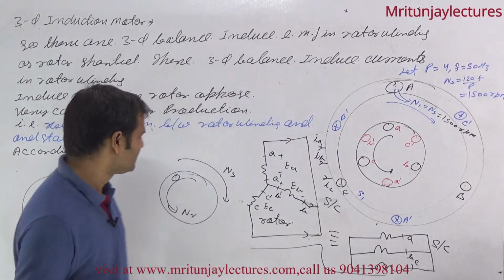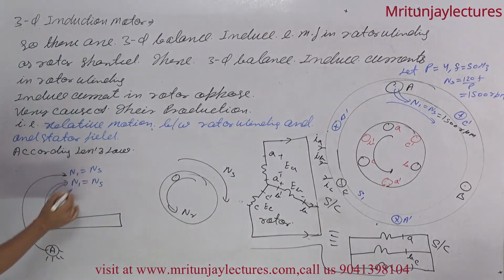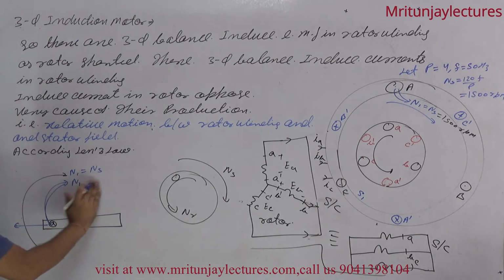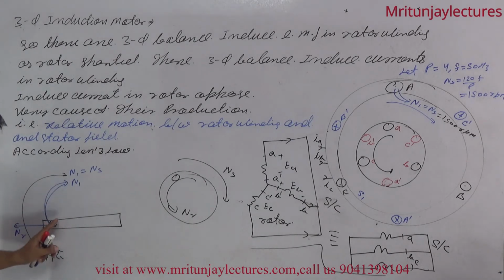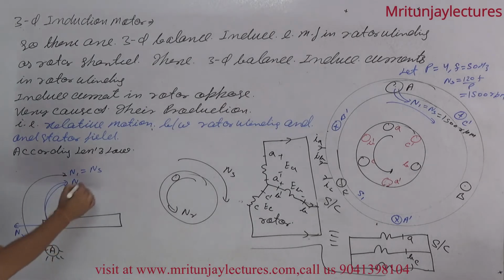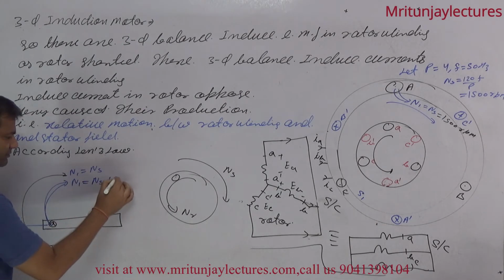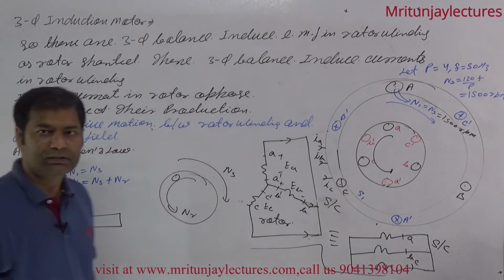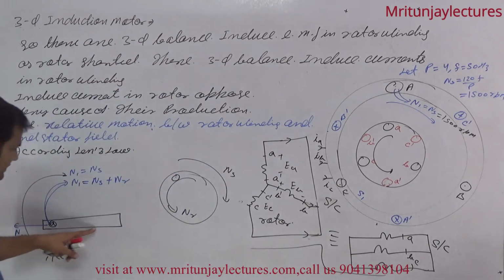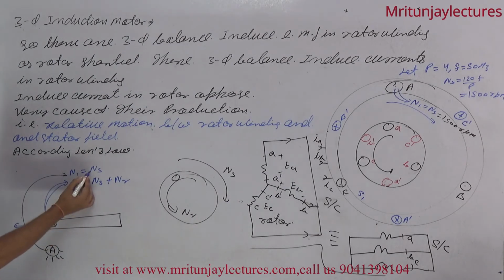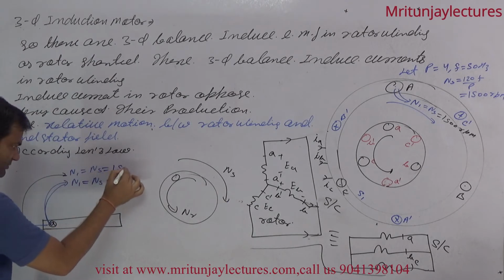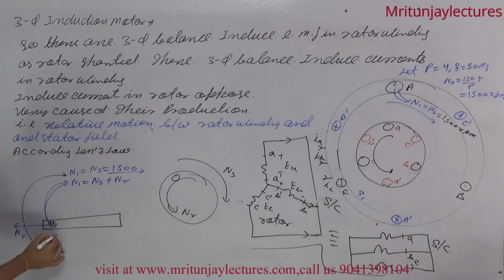If the rotor is rotating, suppose it is rotating in this direction with speed Nr. Then this person sees this speed, that is Ns plus Nr. Clear? Suppose this one is a train and this one is another train, and you sit on one.